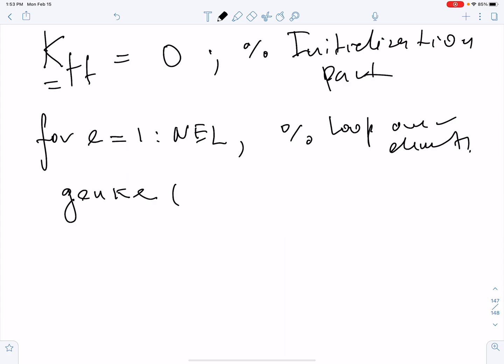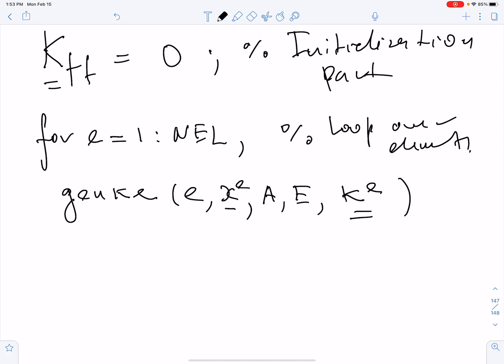To this one, you'll feed the element number, the element coordinates, let me just call it X sub B, the area, and the material property, and you will get back KE.